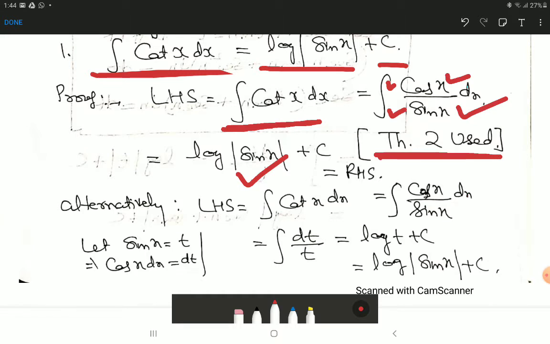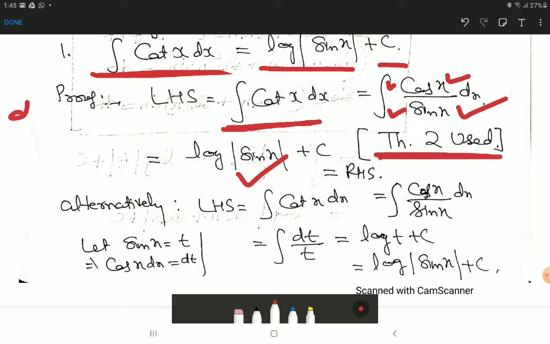What happens sometimes when I ask a student what is integration of cot x? Sometimes they don't know the formula and they say, sir, it is minus cosec square x. That is wrong. Actually, integration of cot x is not minus cosec square x dx. The relation between them is that the derivative of cot x is minus cosec square x. Right? I am writing it also.